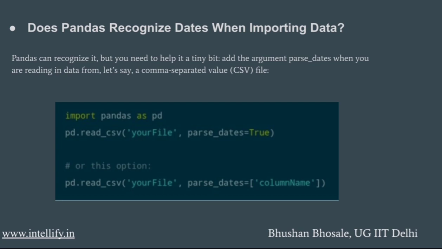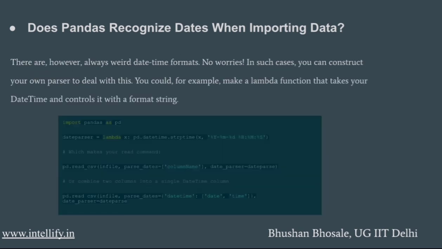Or there is another option: you can specify the column which contains the dates of the data, pd.read_csv(your file, parse_dates=column name). So that means that pandas can recognize dates when importing data.